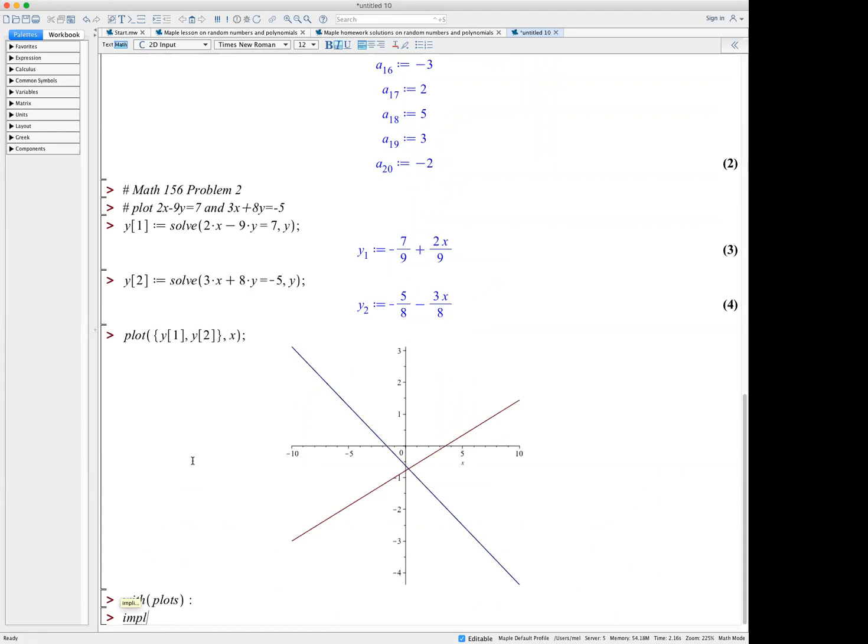So I can say implicit plot, and let's say I want to plot these two lines: 2 times x minus 9 times y equals 7, and 3 times x plus 8 times y equals minus 5. And maybe x goes from minus 10 to 10, and y goes from minus 10 to 10.